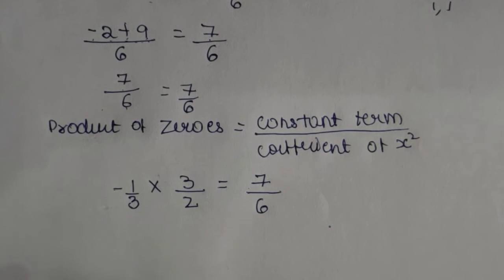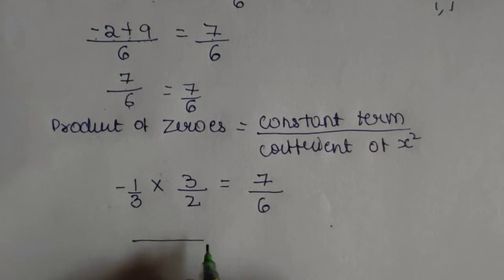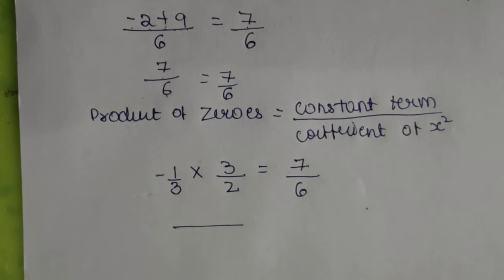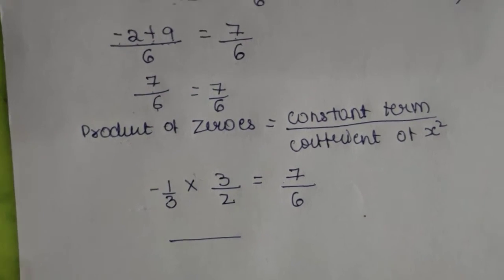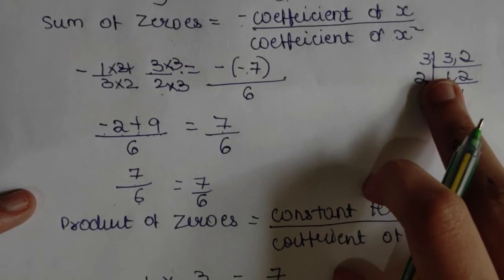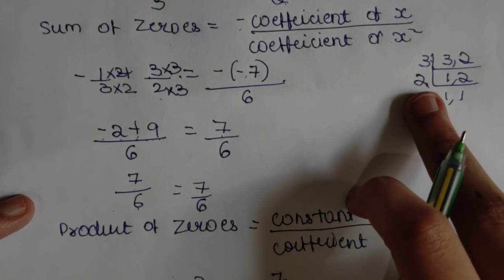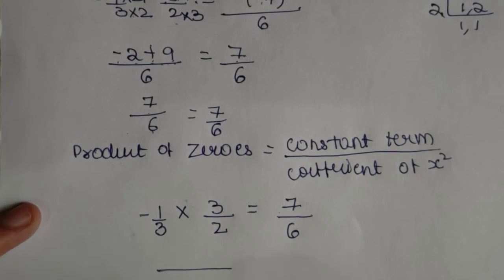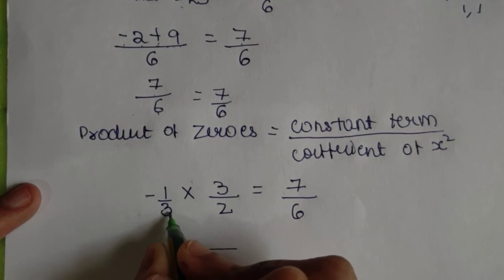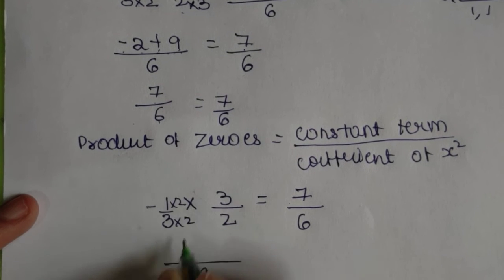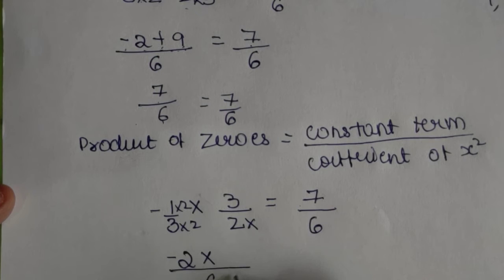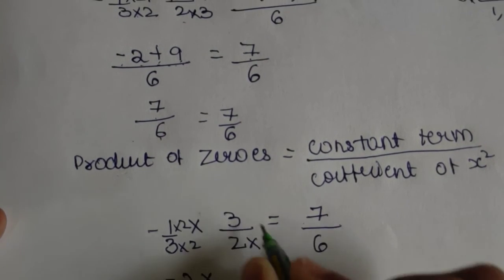Okay, and that becomes. We have to take the LCM of 3 and 2, that is 3 into 2, which is 6. Okay, 6 comes in 3 table 2 times and here also, that becomes minus 3 into 3 by 6 into 3.